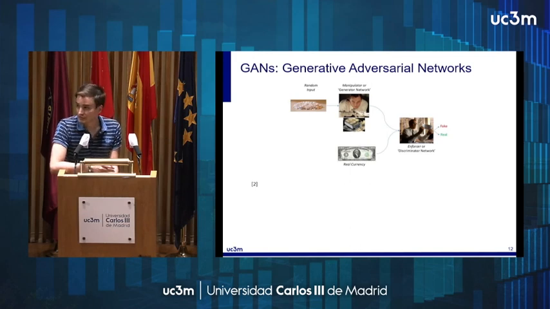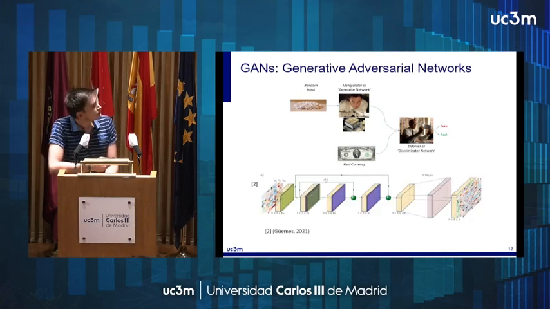The generator finally will be very expert at making this fake money, and the discriminator will also have very advanced techniques for that, although it could be confused at some point. So it means that the generator is very good, and this is what we will use here. This would be an example of the generator network that after the training would be very efficient at estimating this velocity field.